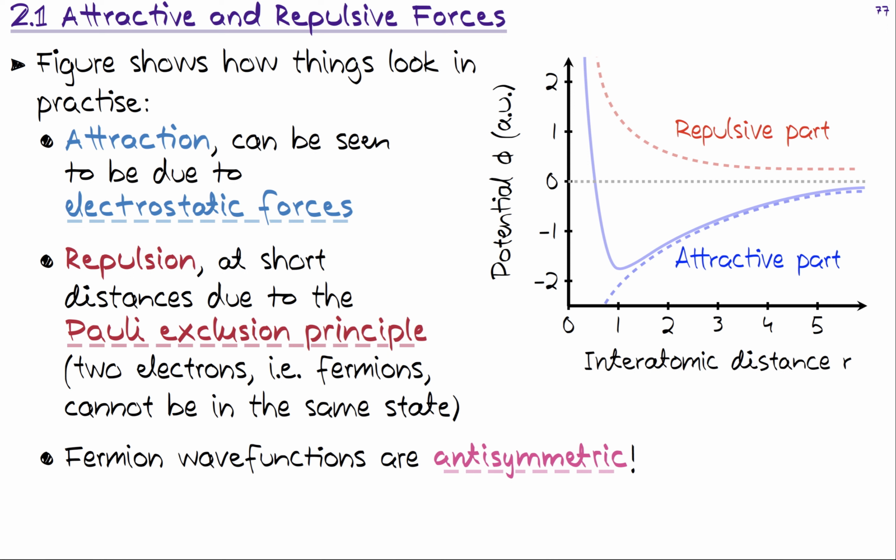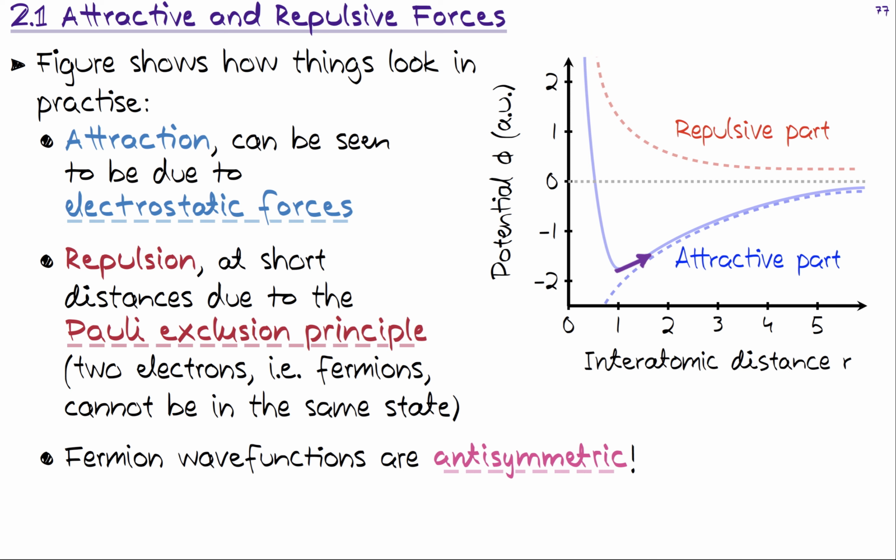So we want to find a description of a potential, and when we have a potential, we have a function like this guy here, and it may consist of different parts. It may have an attractive part, but in addition to just attraction, we also need some repulsive part, and this arises from the Pauli exclusion principle, so that the fermions cannot be in the same quantum state, and then we have this total potential form.